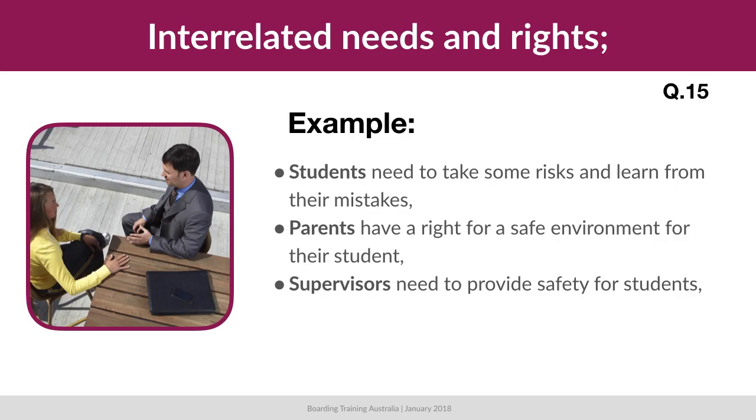So supervisors need to have an environment where their safety is recognised and where they can provide a safe environment for young people. So all of these needs and rights can be quite interrelated. And so question 15 asks you to give an example of how needs and rights might be interrelated in the boarding residence.